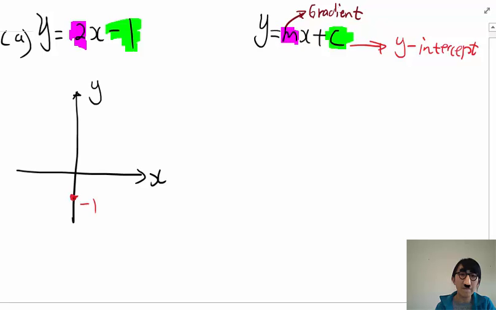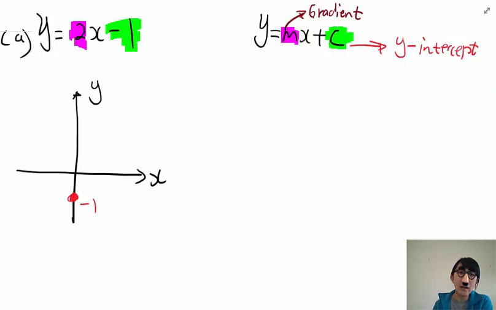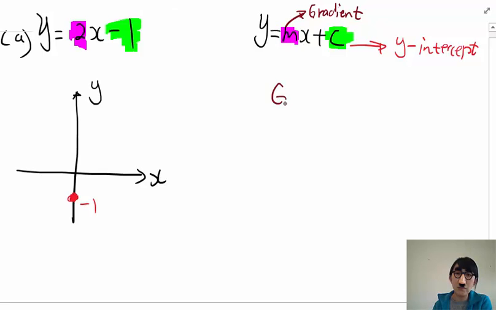That's the y-intercept. Now we consider the gradient equals 2. And we know gradient equals rise over run.